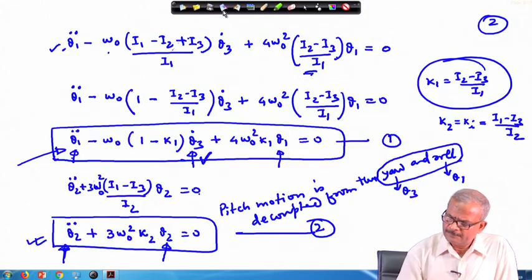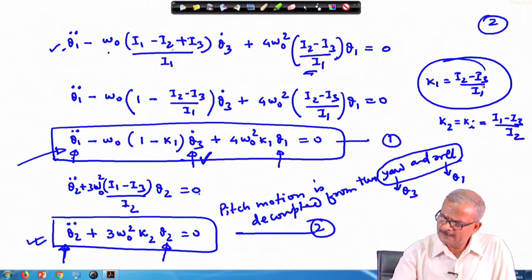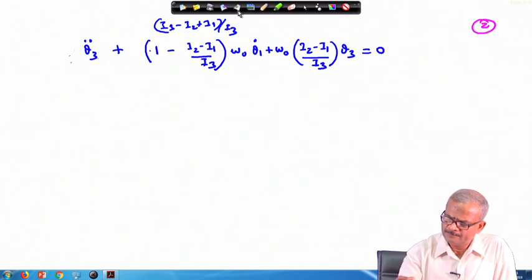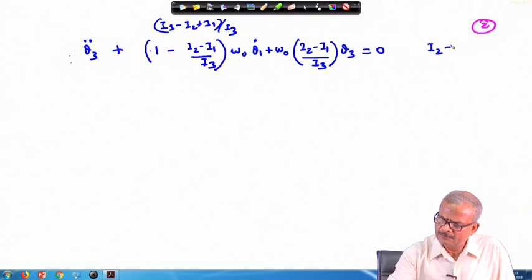Now, going back here, I 2 minus I 3 divided by I 1 we have defined as k 1. Similarly, I 2 minus I 1 divided by I 3 we will define as k 3.